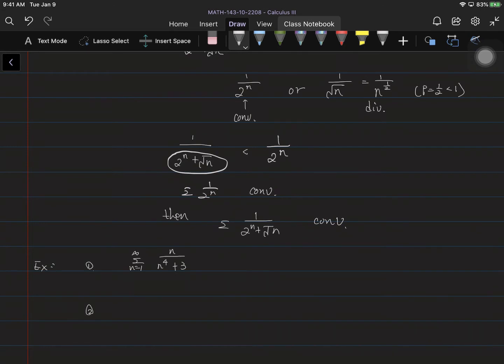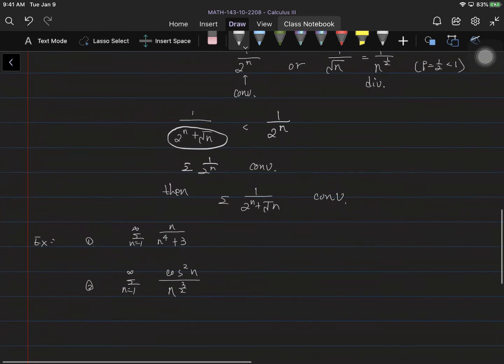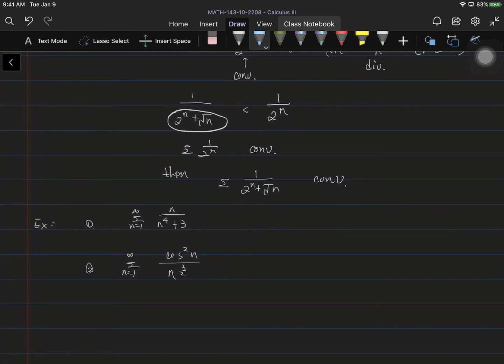The second one, cosine square n over n to the 3/2. Okay, two problems. You can try. Now I will give you the solution for the exercise problem. But you should pause here. Do those problems by yourself.